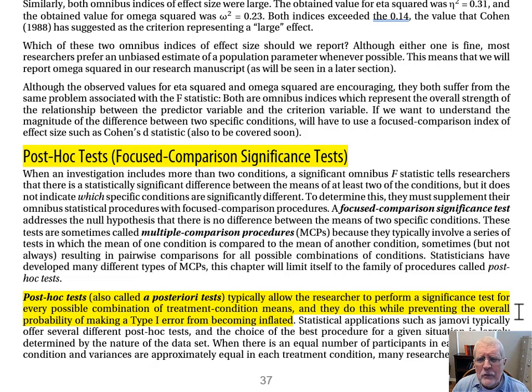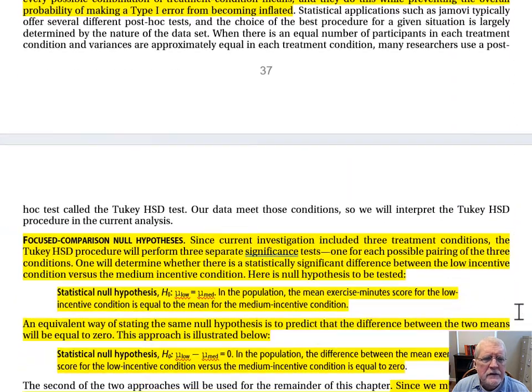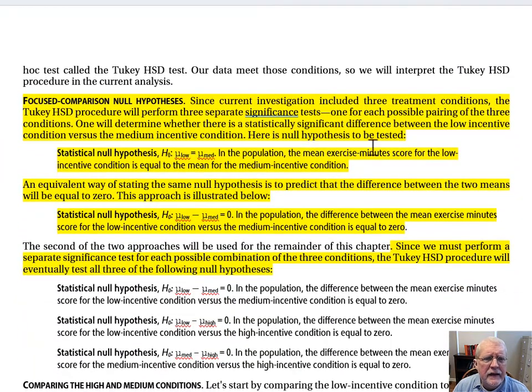They do this while preventing the overall probability of making a type 1 error from becoming inflated. Continuing on page 38, what exactly do they test? They test the focused comparison null hypothesis. Since the current investigation includes 3 treatment conditions, the Tukey HSD procedure will perform 3 separate significance tests, one for each possible pairing of the 3 conditions.